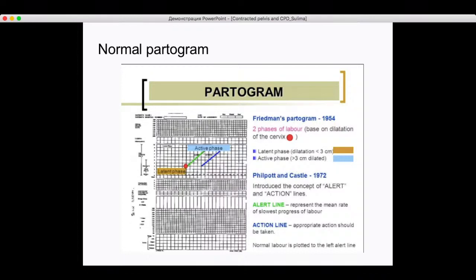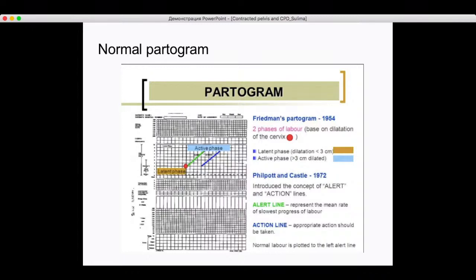This is a partogram. You can see clearly that we have two phases, a latent phase and an active phase. In the latent phase, the dilatation of the cervix is not more than 3 centimeters, and in the active phase the dilatation of the cervix is more than 3 centimeters until full dilatation, when the first stage changes to the second stage.